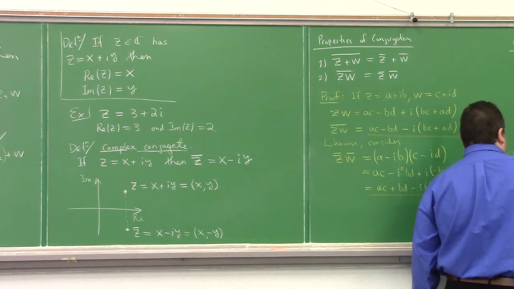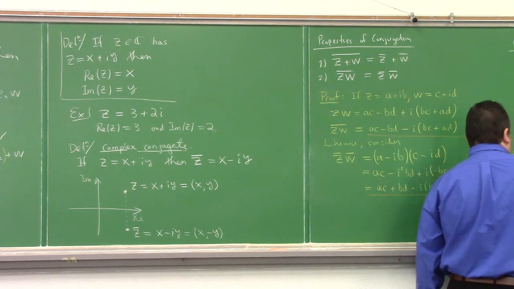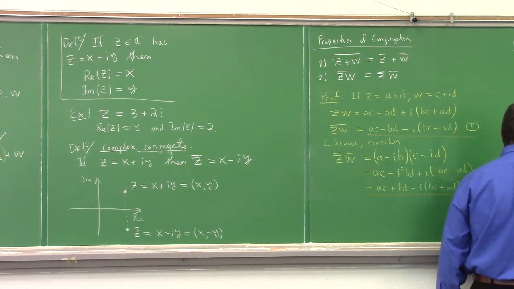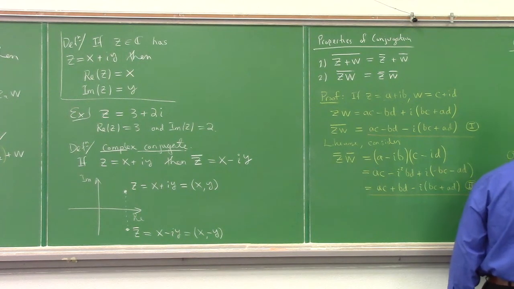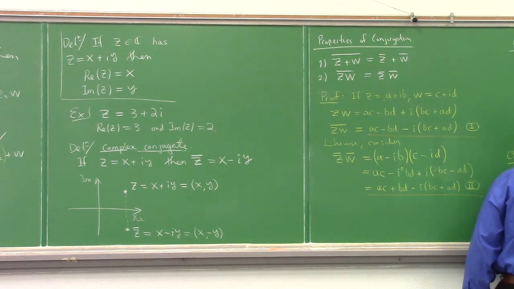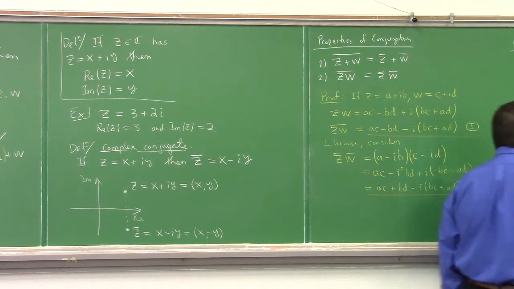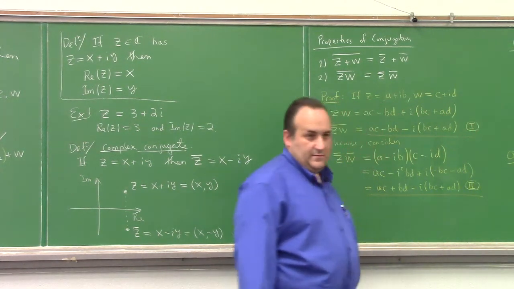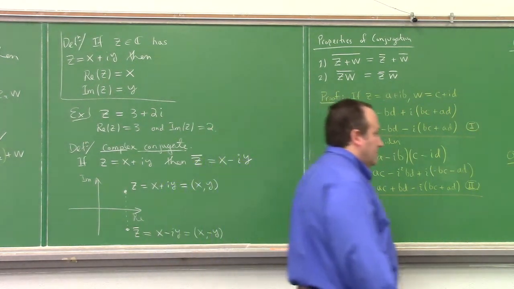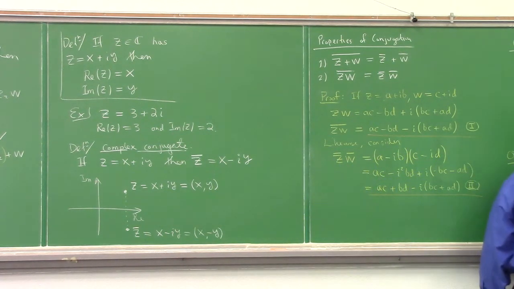Observation. z times z conjugate is equal to x plus iy times x minus iy. But what's that equal to? Well, we have x squared minus ixy plus iyx minus i squared y squared.